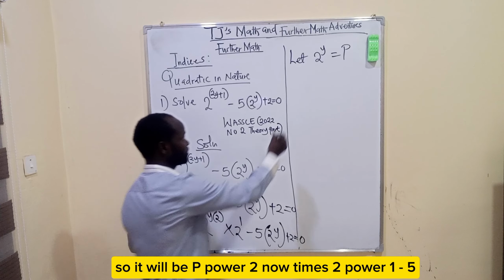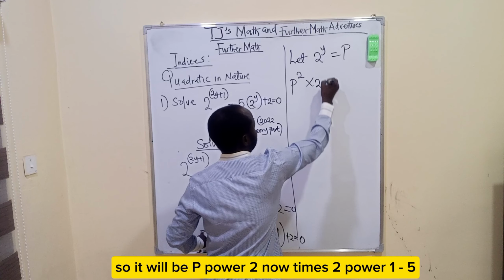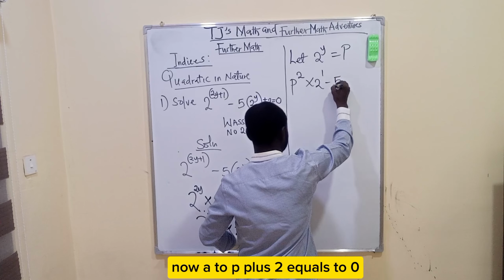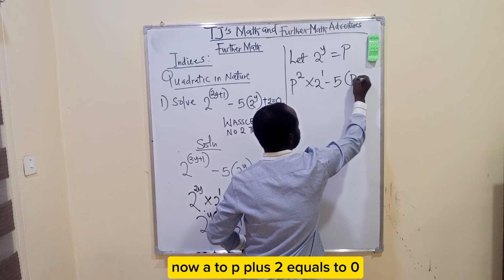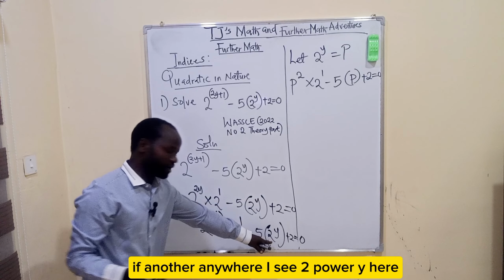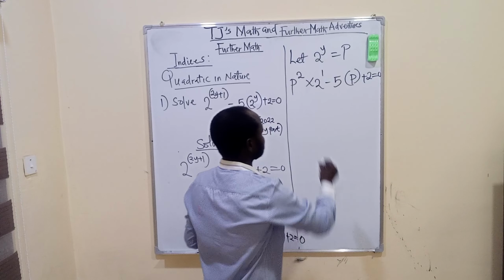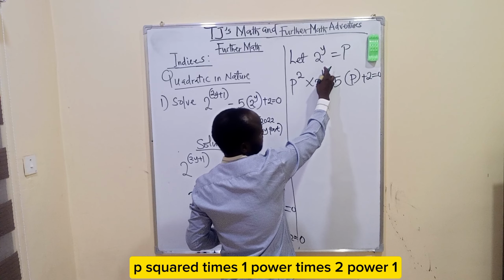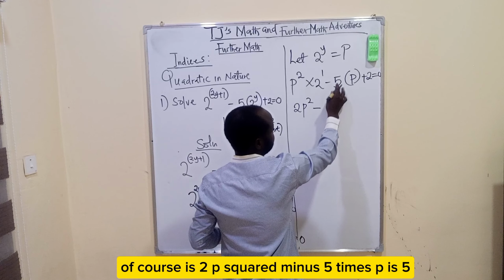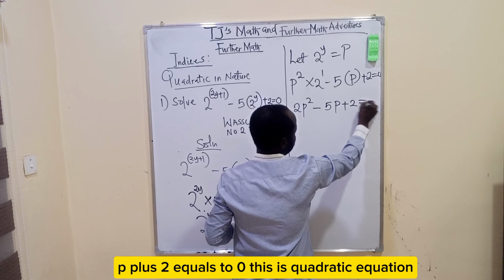So it will be p squared times 2 power 1, minus 5 into p, plus 2 equals 0. So p squared times 2 power 1, of course, is 2p squared, minus 5p, plus 2 equals 0.